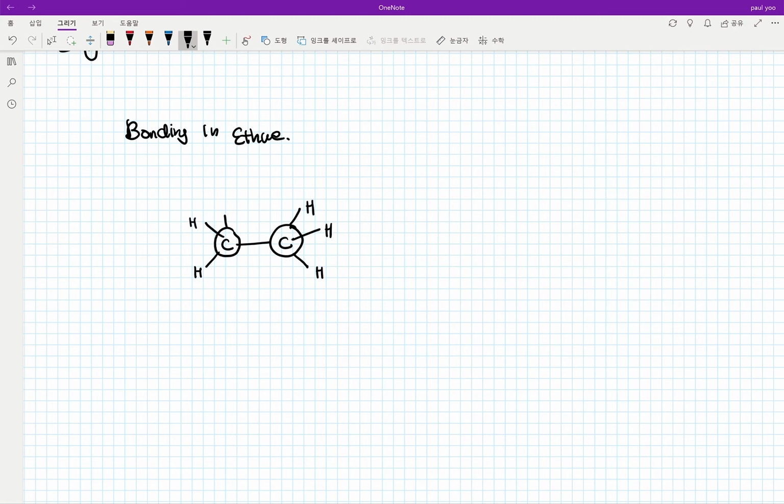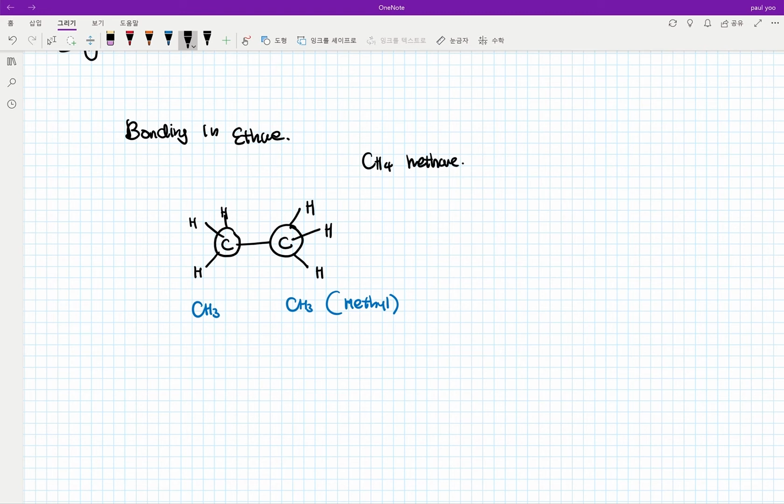We call that CH3 from the left side or the CH3 from the right side. Each group will be called methyl because they are very similar to CH4, which is methane.